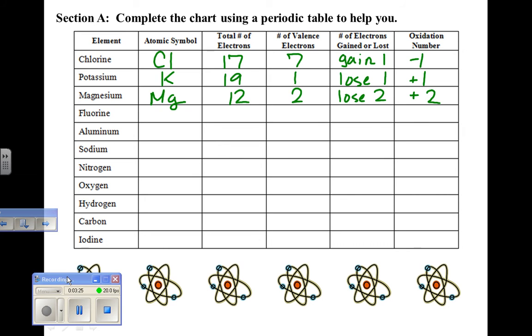All right, fluorine. F. Number of electrons, 9. Valence, 7, because it's in group 17. Is it going to lose 7 or gain 1? Gain 1. If you gain a negative, then it's -1.